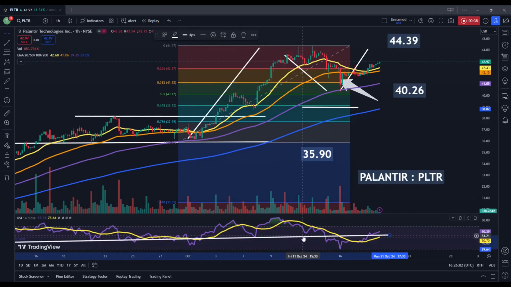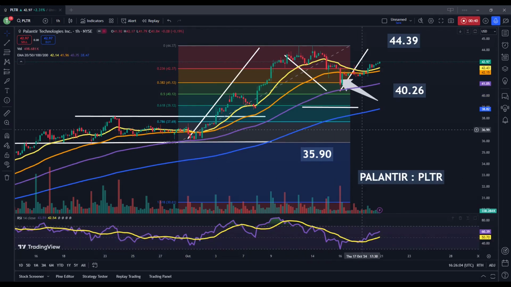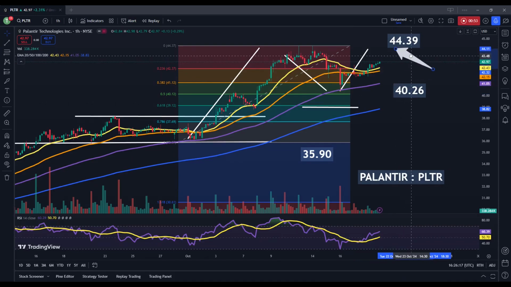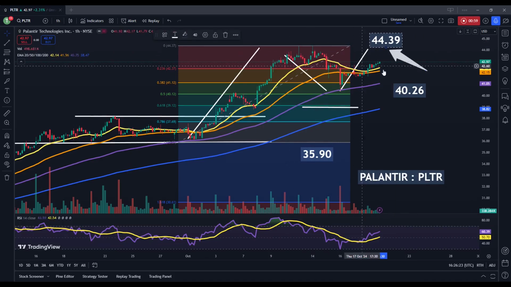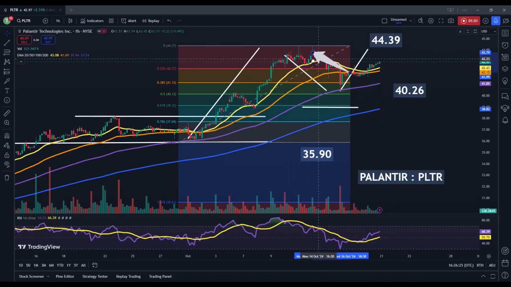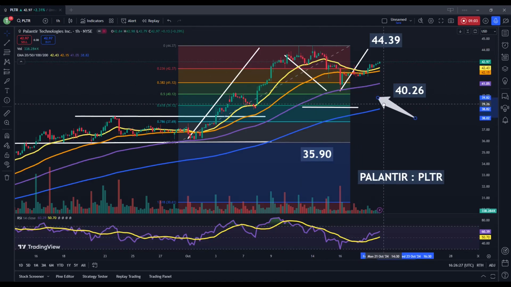And overall, the moving averages and the indicator readings are a bit different relative to that 4-hour price chart. But as we can see, this level did bounce off the 100-hour EMA quite nicely, and it does look as though we're starting to form another run higher and possibly another retest of these 44.39 zones, which is now currently a bit of a double top resistance area.